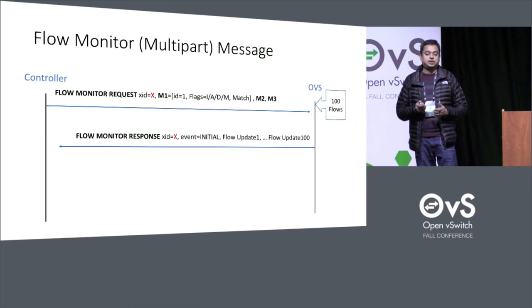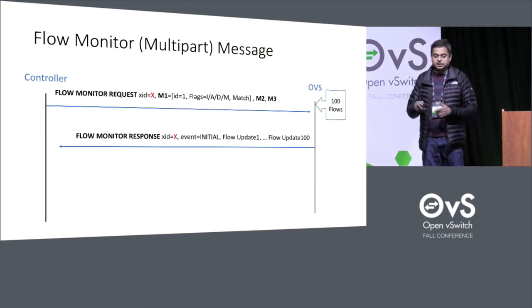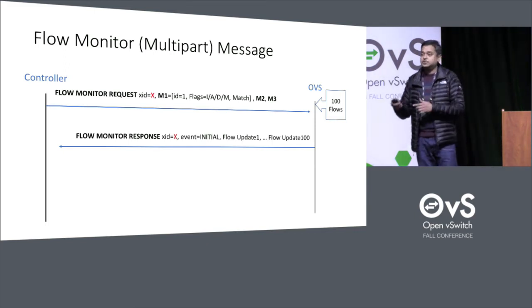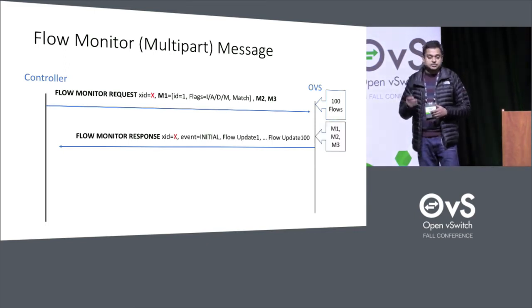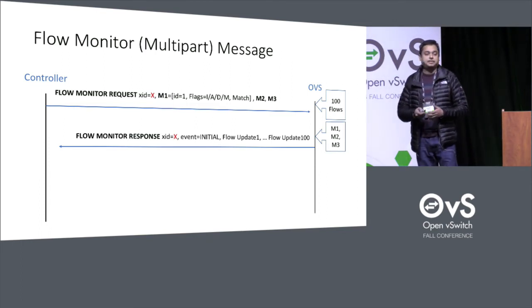In this case, a flow monitor response will be generated back to the controller with the event initial, and it will have 100 flow updates corresponding to the 100 flows that OVS has. Also, as a result of this message, these 3 monitors are now installed on OVS, and they will keep track of any changes that are happening in the OVS from this point onwards.